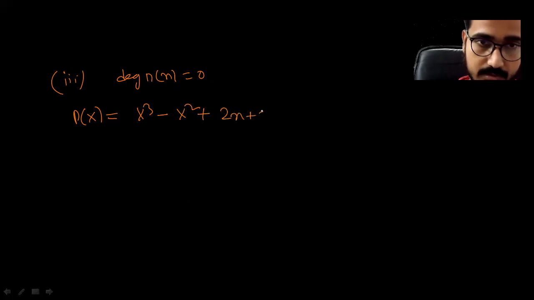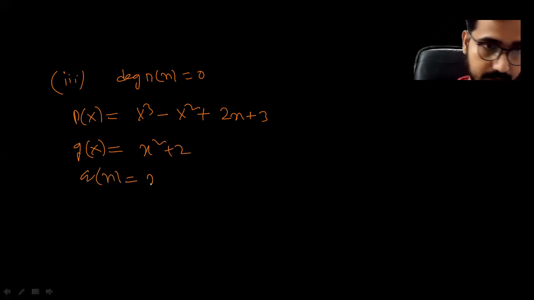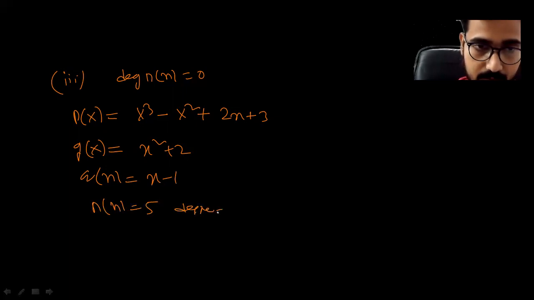Then p(x) will be, you have to memorize, x cube minus x square plus 2x plus 3. That's why I am telling you this is not important from the exam point of view. g(x) you can take as x square plus 2, then q(x) you can take as x minus 1, then r(x) will be 5, whose degree is 0.